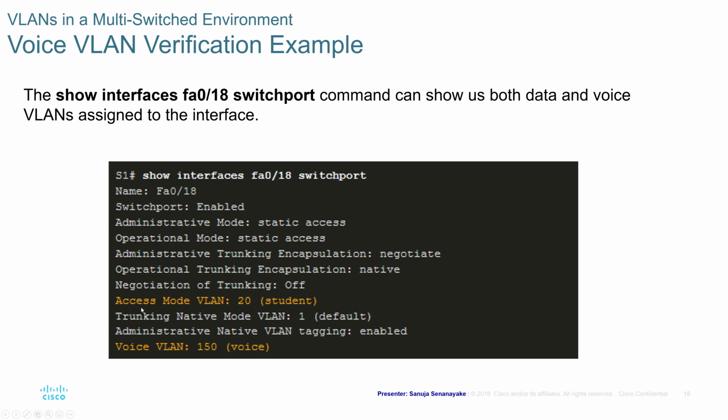When you enter show interface switchport, it shows the access mode VLAN as 20 for the student, and then the voice VLAN assigned as 150 for the voice.